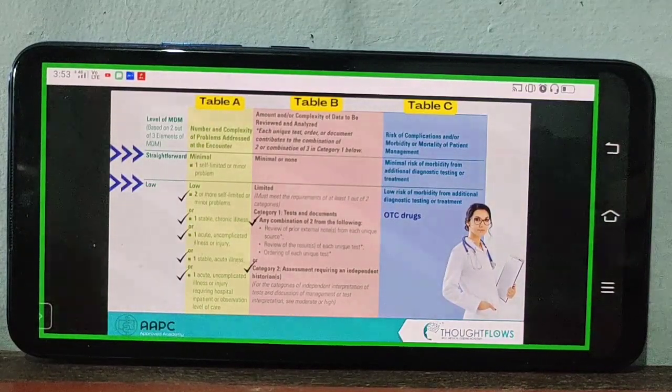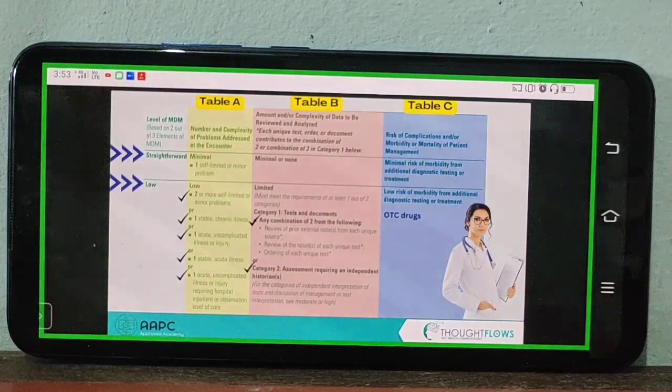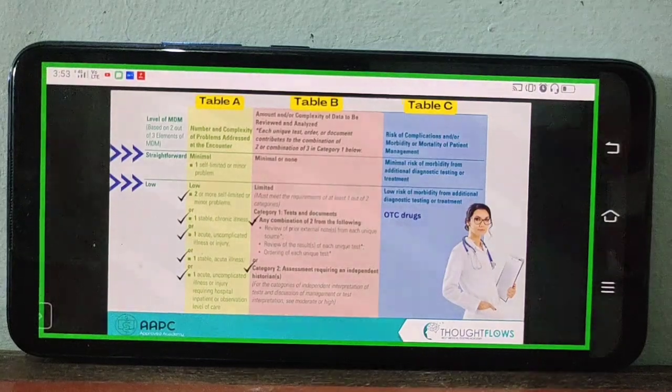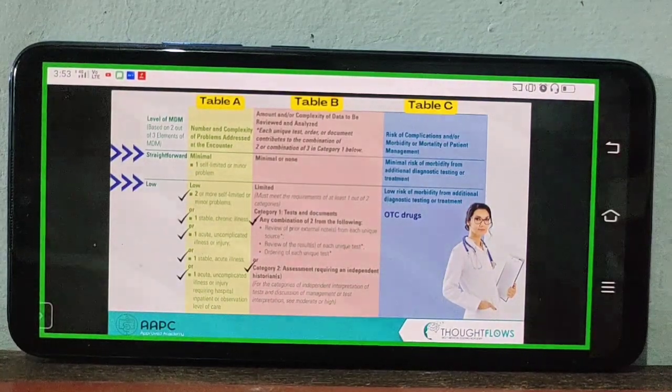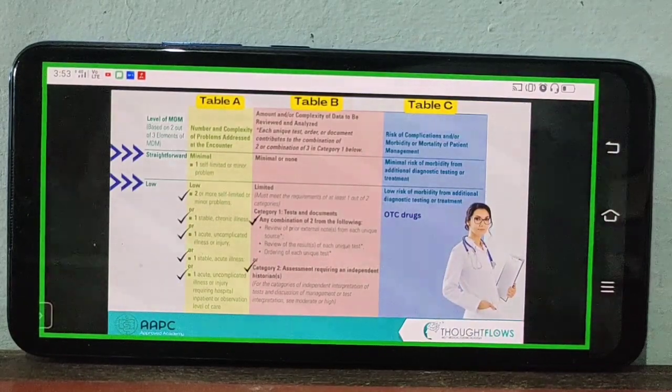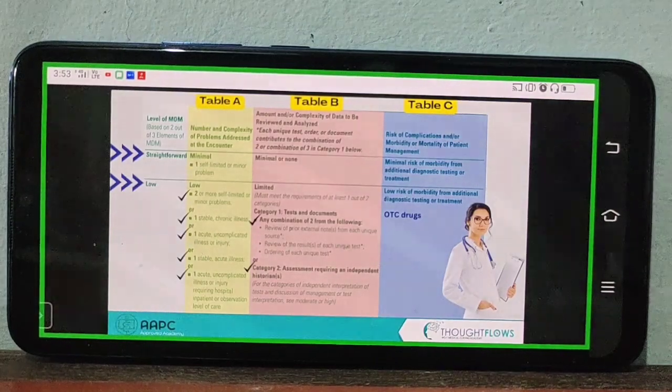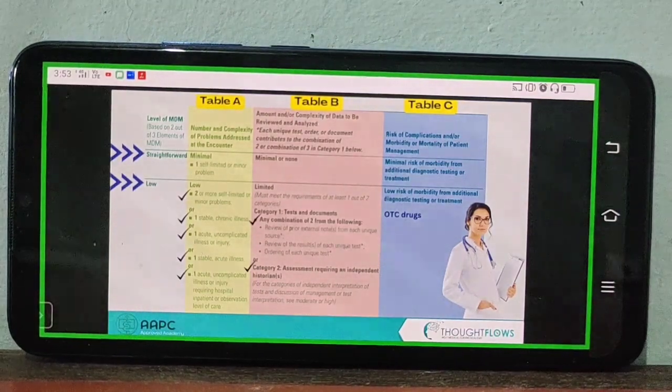So this is a self-limited or minor problem, and that's why there is no data column and risk column. There is no documentation for data and risk. If a patient meets the doctor with a common cold, there is no other condition, only one condition, so it automatically leads us to straightforward.